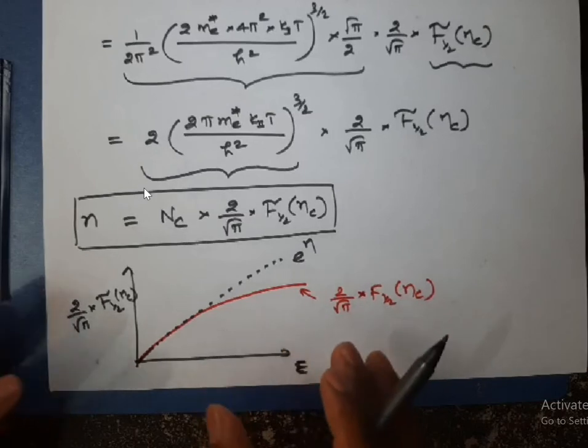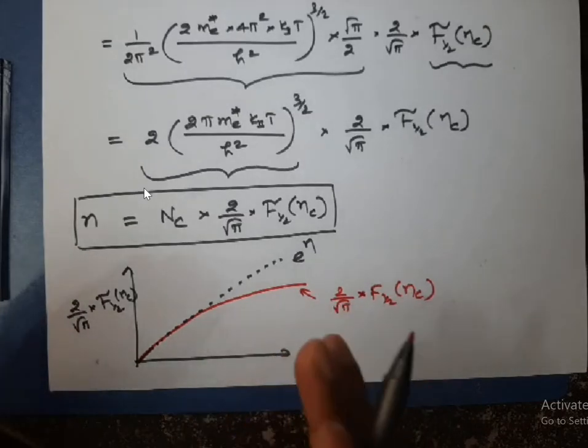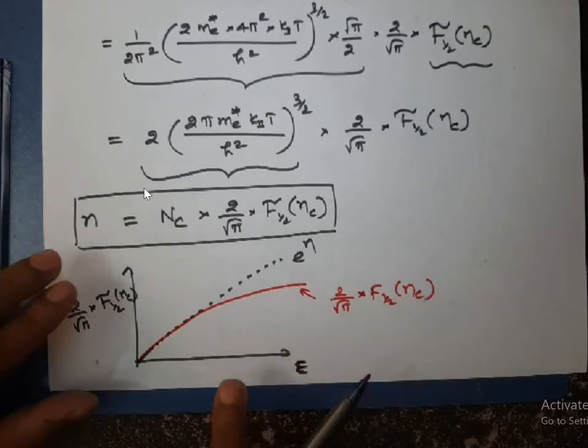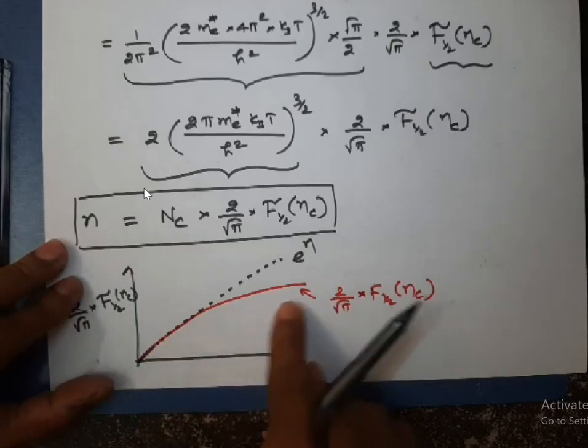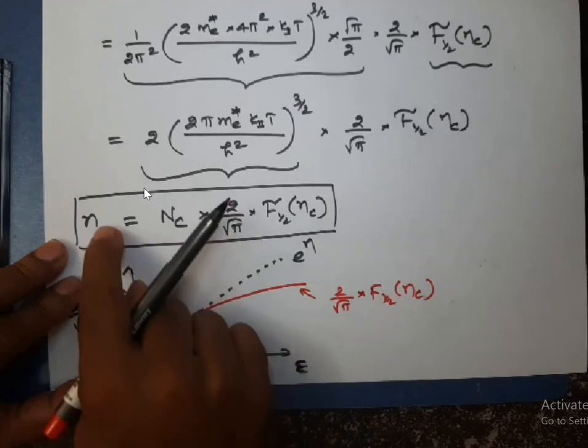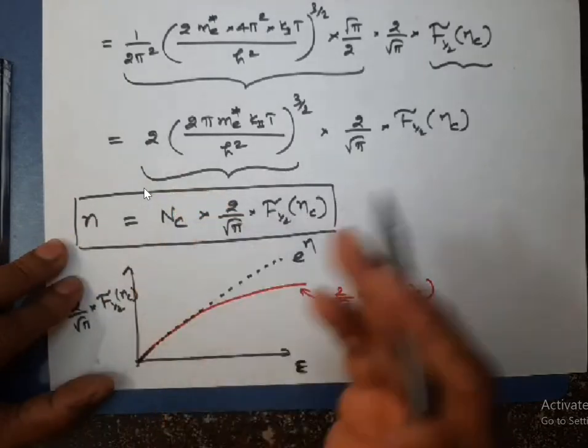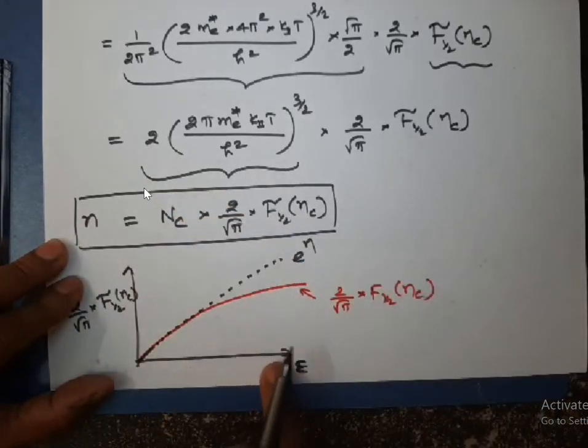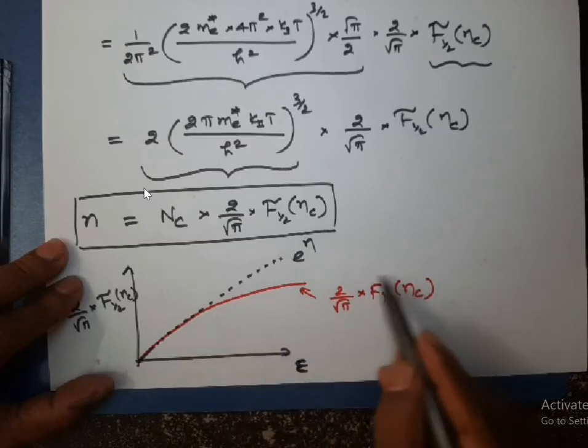What you have to keep in mind here is that the actual curve is this. If you want to calculate the concentration of electrons in the conduction band at higher energy levels, you have to use only this.